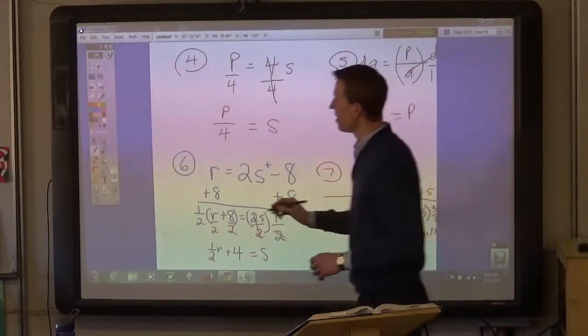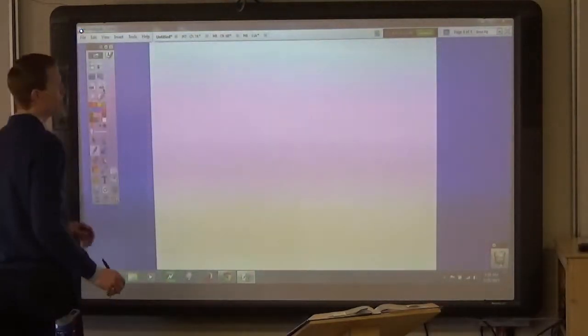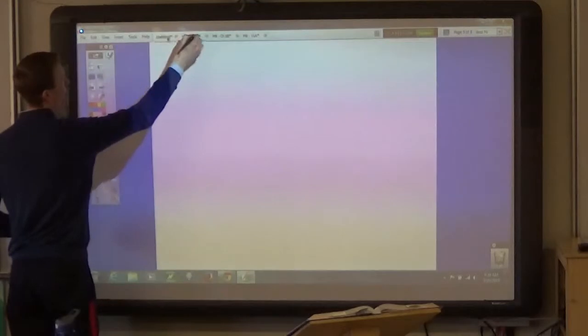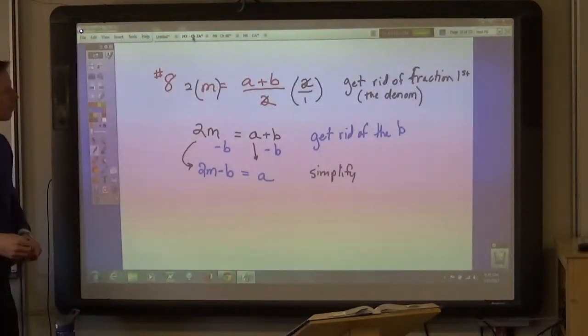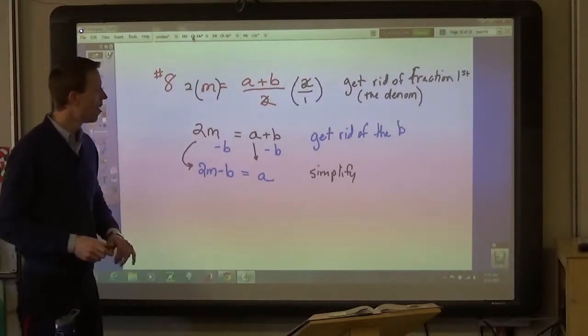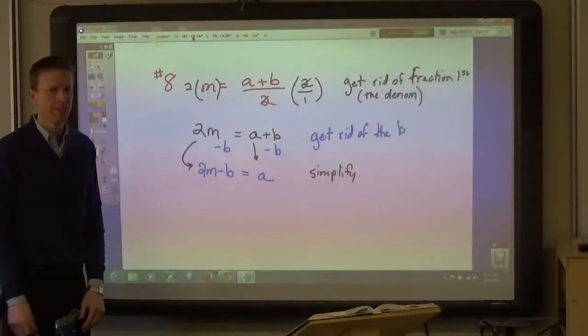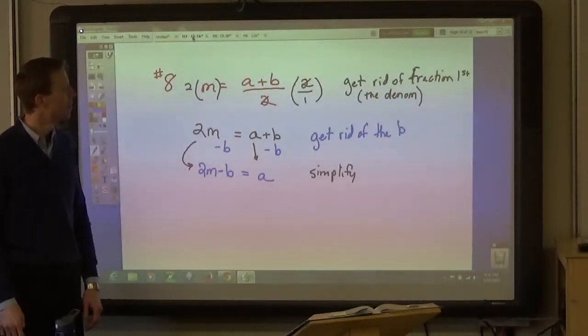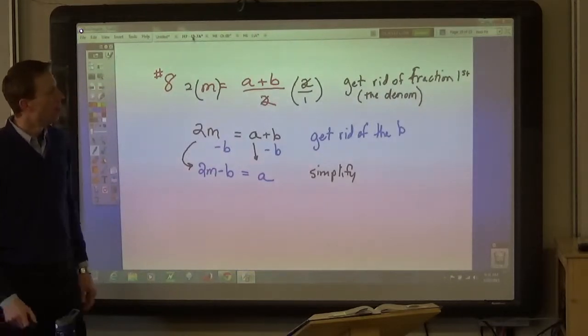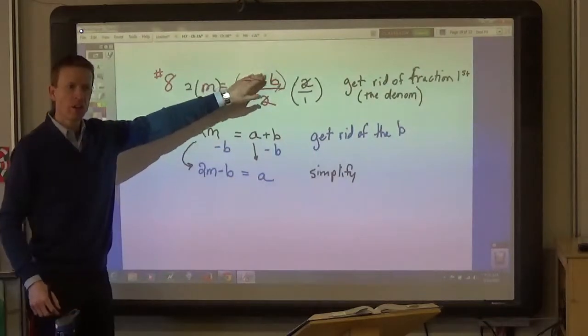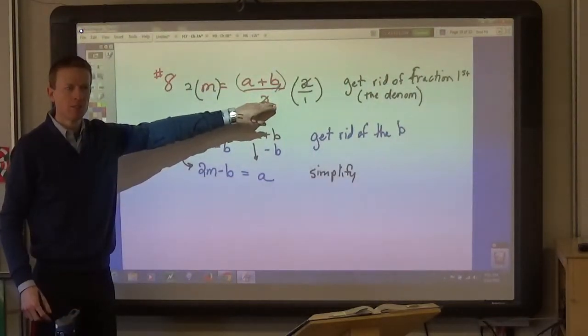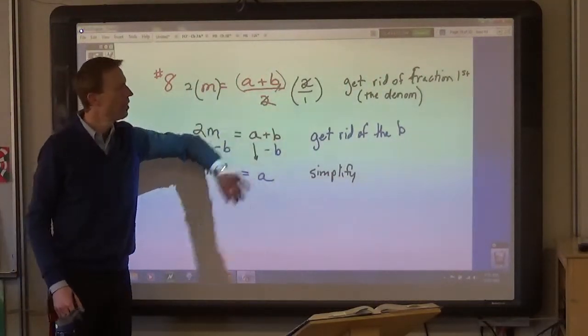All right, let's go on to number 8. Oops, I think I have number 8 on this one. Here's the example of number 8. We're going to solve for A on this one. So, the first thing we have to do, because we're starting with a fraction, is to get rid of the fraction.